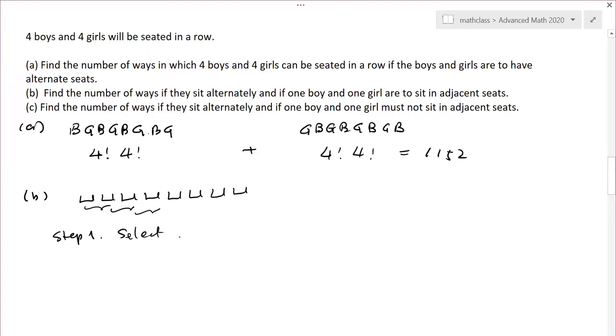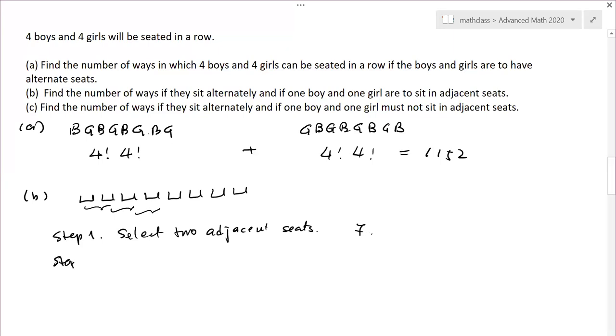Select 2 adjacent seats. So you have 7 choices, only 7.